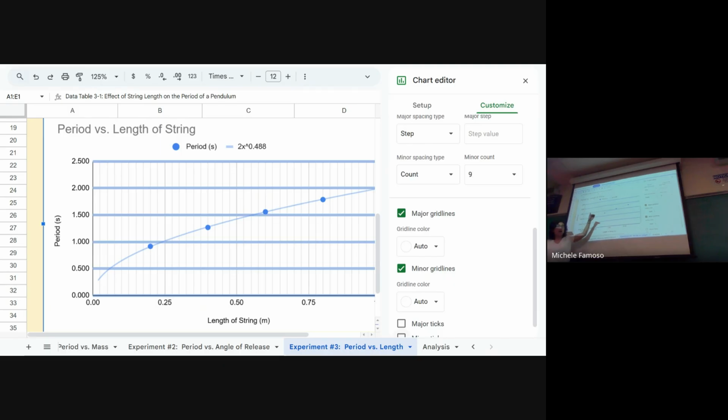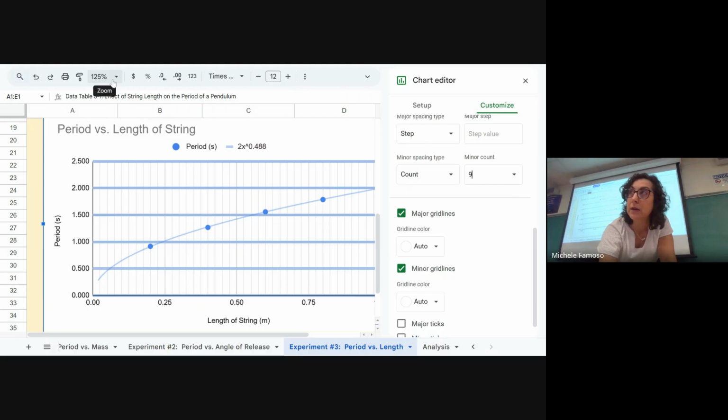Now my curve is about halfway between the 9th and the 10th grid line. You have to look at yours. And you can enlarge your graph. If you go here, you'll see a percentage window. You can zoom in on your graph to make it larger so you can try to read the value with greater accuracy. Do you understand what I'm saying? Then you can just come down.